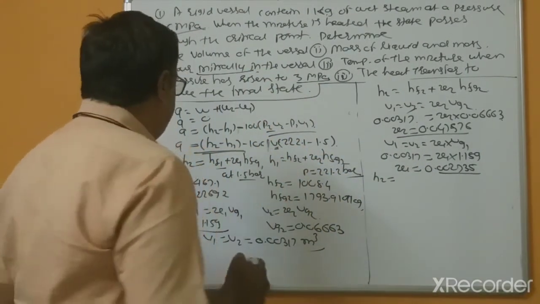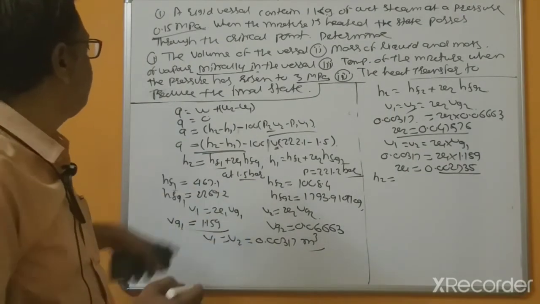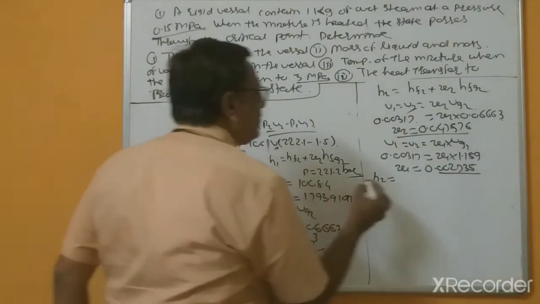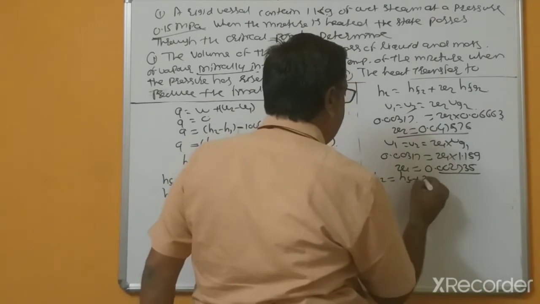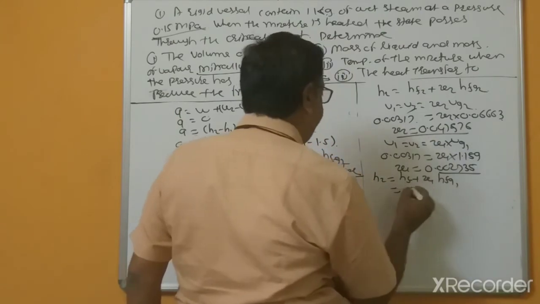H2 equal to Hf1. Can I directly write this? Because now you know this formula. Otherwise I will write this Hf1 plus x1 into Hfg1s.